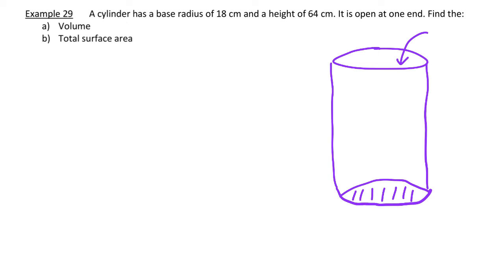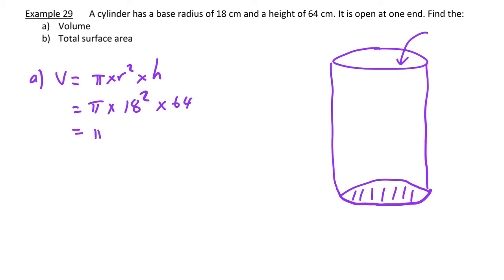So the volume isn't affected by that. So volume is pi times r squared times h, which is pi times 18 squared times 64. So pi times 324 times 64, which is 65,144.1 cubic centimeters.